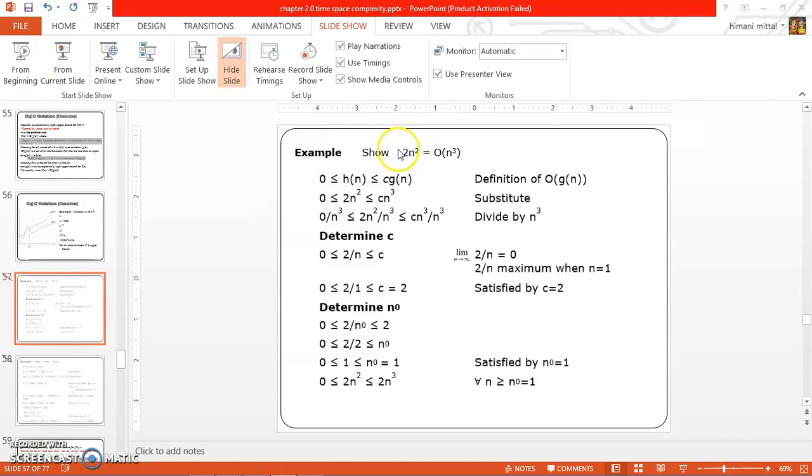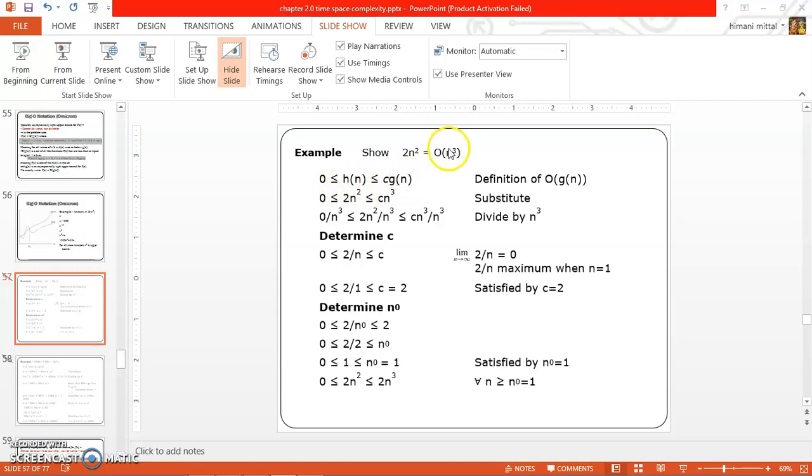Suppose the calculated complexity of our algorithm is 2 n square. Then we want to show that 2 n square is bounded by n cube on the upper side. So what we will do? We will keep the 2 n square function: 0 is less than or equal to 2 n square is less than or equal to c of g of n.